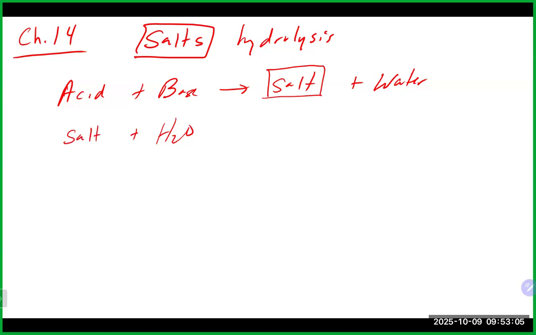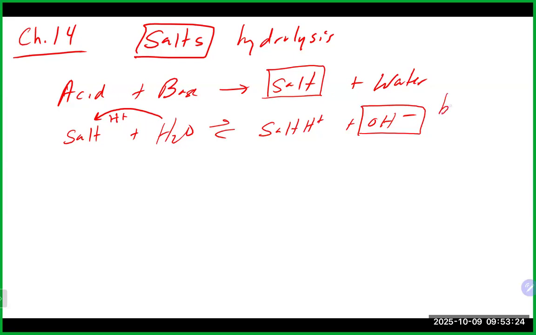And as we saw there, in some cases, the salt will accept an H plus from the water. The result of that is obviously our salt plus an H plus, and we will produce hydroxide. And that would then make that solution basic, as we talked about.